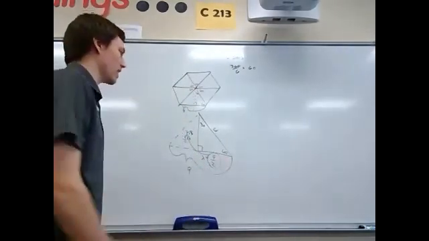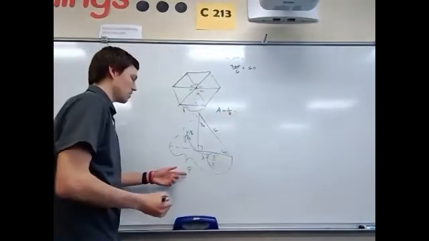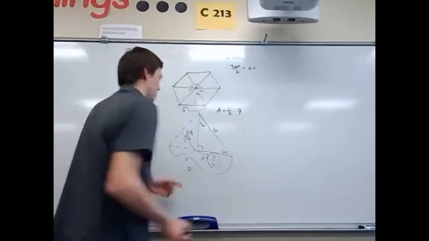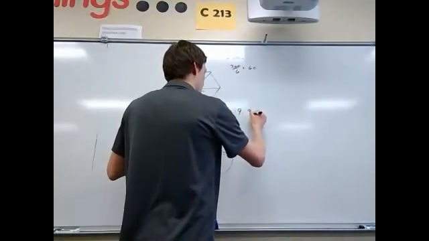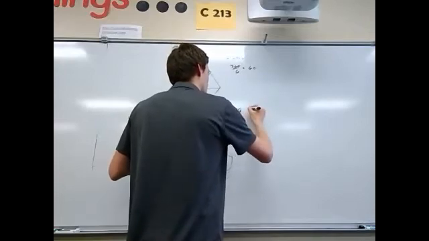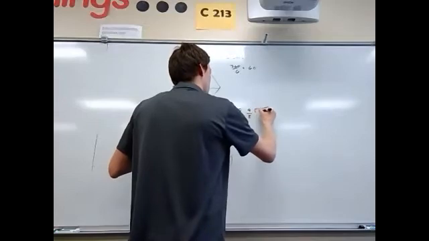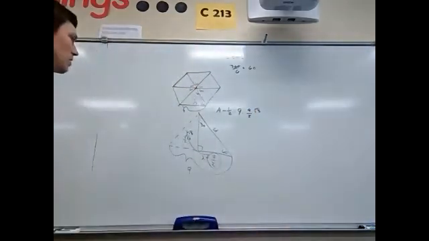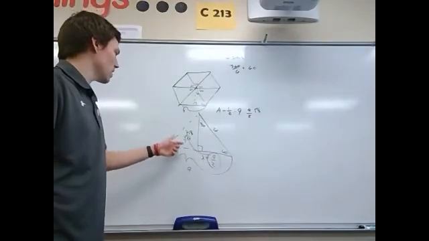So to find the area of that, I go area equals 1/2 times my base, which is 9, times my height, which is 9 over 2 radical 3. Yeah, 1/2 times my base times my height.